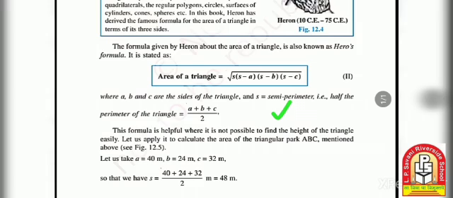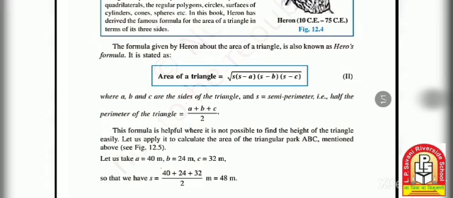Here s is the semi perimeter, which is half of the perimeter of the triangle: (a plus b plus c) divided by 2.